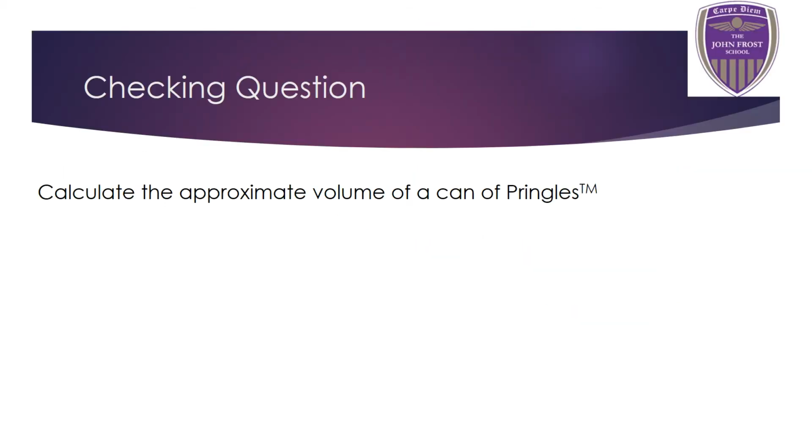Okay, welcome back to the checking question. It says, work out the approximate volume of a can of Pringles. All right, so I like a picture here. So remember, we know it's a cylinder, don't we? And hopefully people realize that to find the volume, I have to know the length and I have to know the circle's radius.